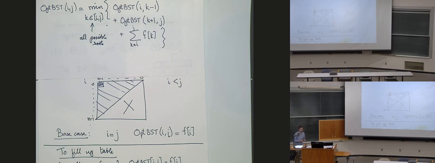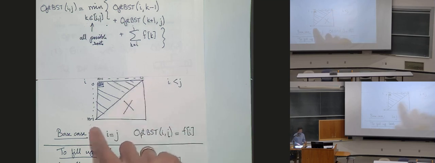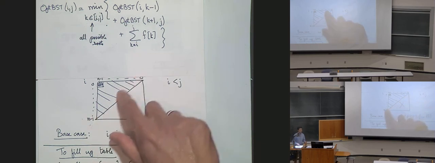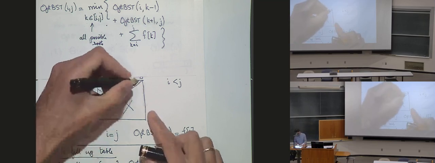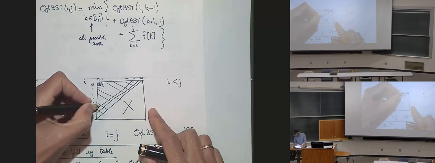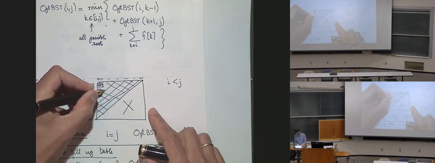Diagonals. So you go diagonal by diagonal. You fill up this diagonal, then that diagonal, then that diagonal, because the diagonal is telling you the size of the universe. The j minus i is telling you the size of the universe, so you fill it up in order of the size, all the way to the top.